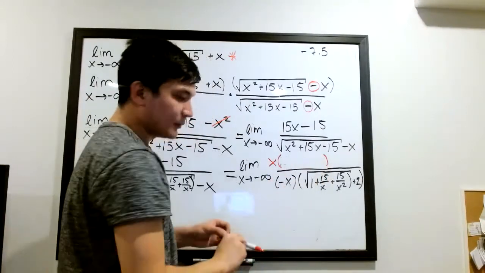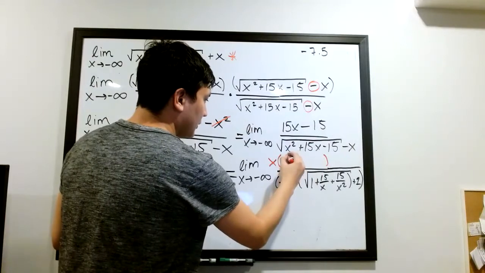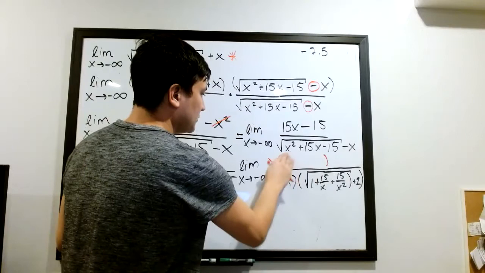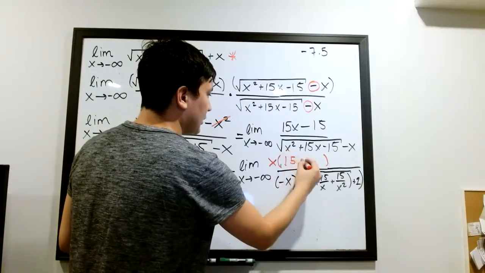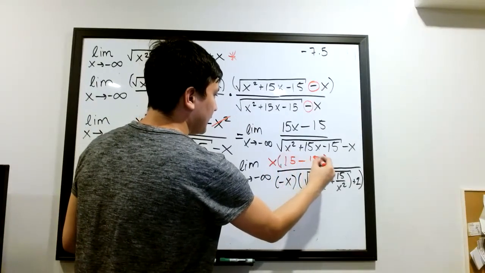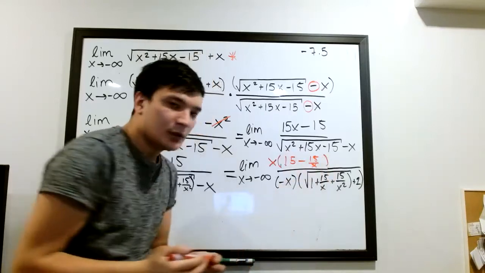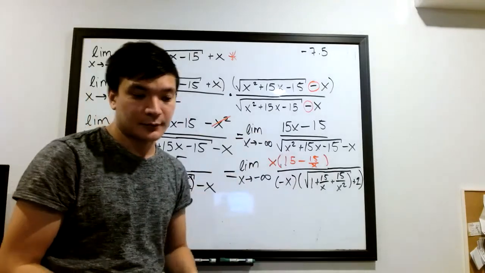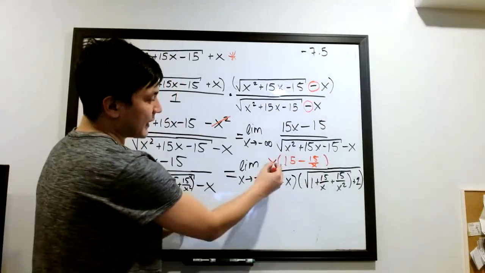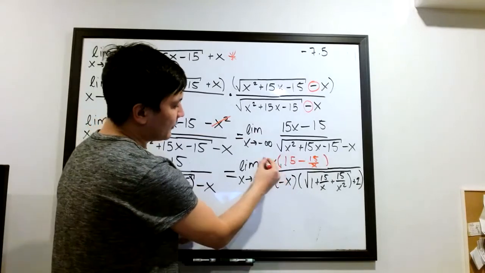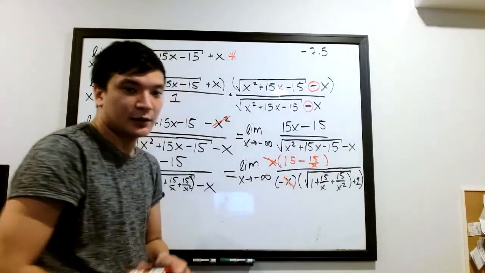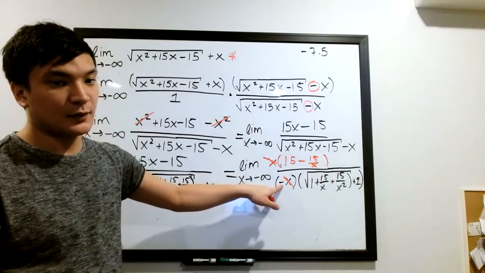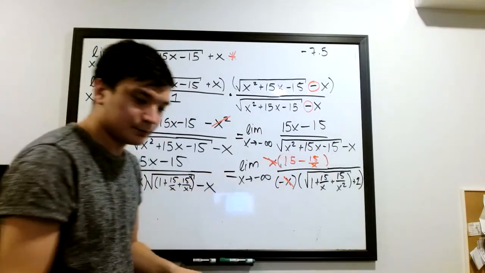So this will become just 15, and then minus 15 over x. And the reason we do this is that now we can cancel the x's, okay? We can say, look, this x up here is negative x, we will cancel that. Note that this minus does not cancel, so this minus still stays, but the x's are gone.